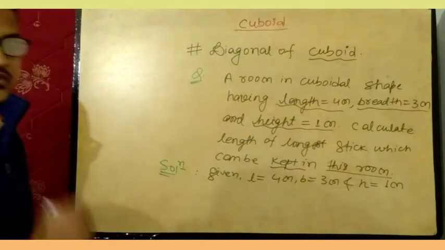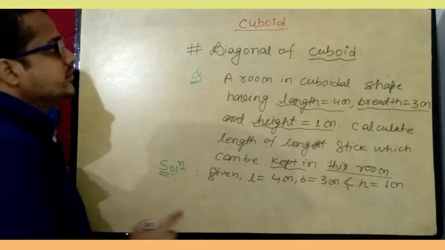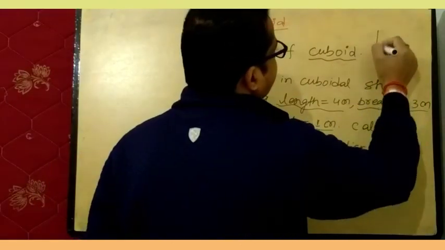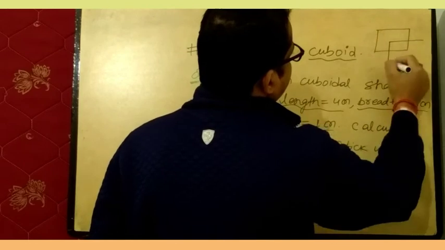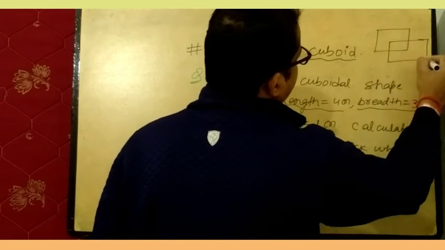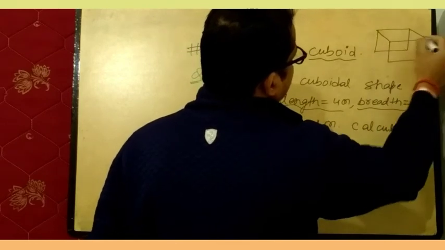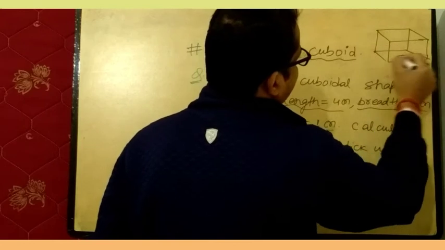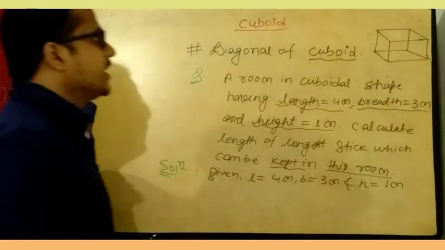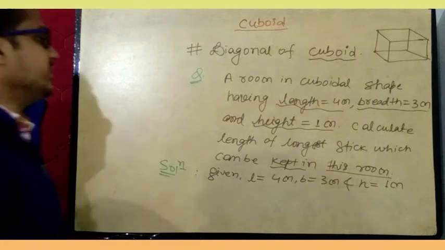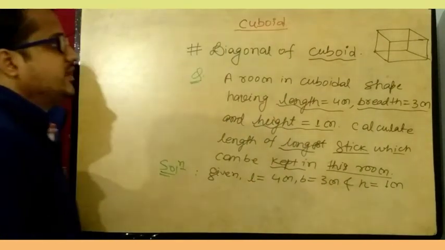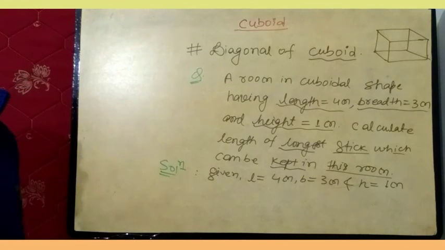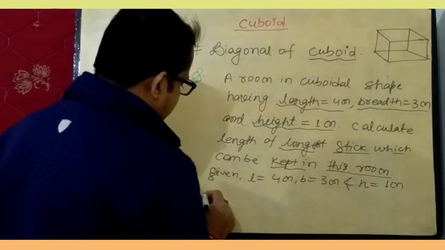So the diagonal is the longest length which can be kept in this room. So simply calculate the length of the diagonal of this cuboid, that will be the longest length of the stick which we can put in this room.